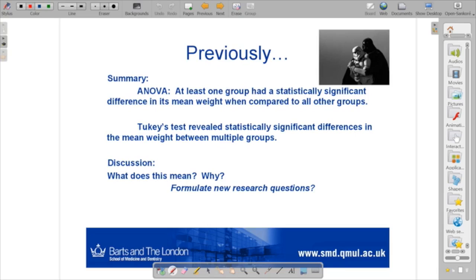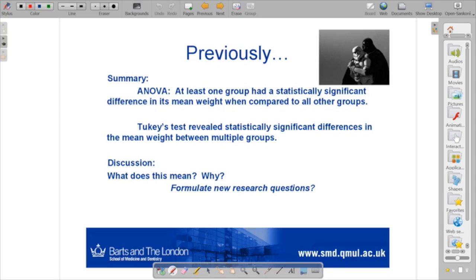For some of us, that will have been all of the groups, and for others, it will have only been some of the groups. But there was a statistically significant difference in the means of the multiple groups. And again, we have this discussion point. What does this mean? Why does it happen?